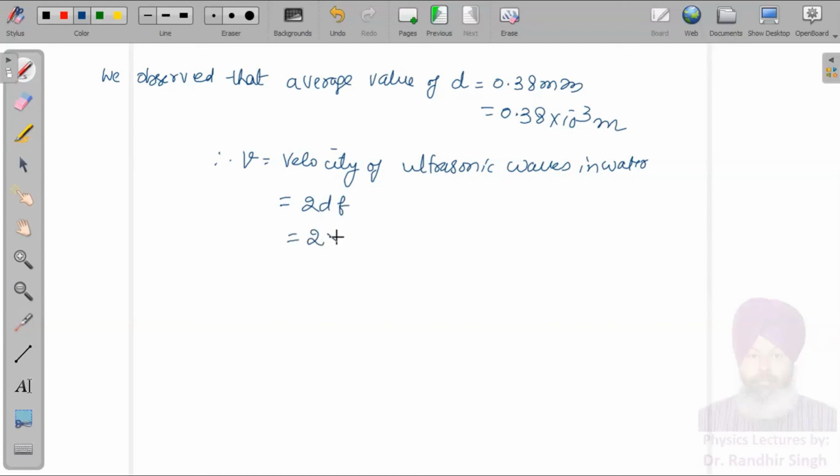That will be equal to 2 into D, which is 0.38 into 10 raised to power minus 3 meter, into f, which is 2 into 10 raised to power 6 hertz. Let me find this answer on my calculator. Okay, this becomes 1520 meter per second. This is the observed value.